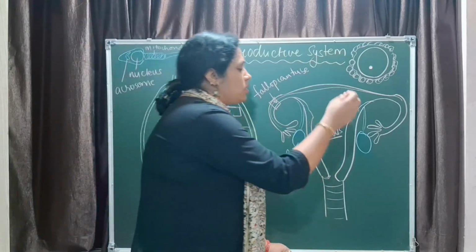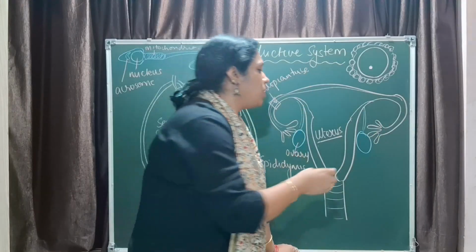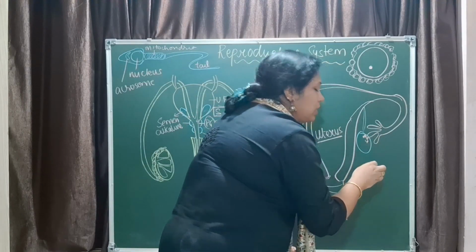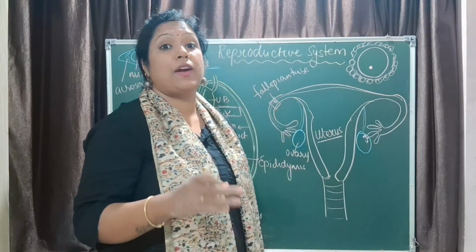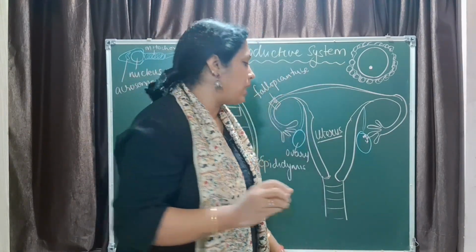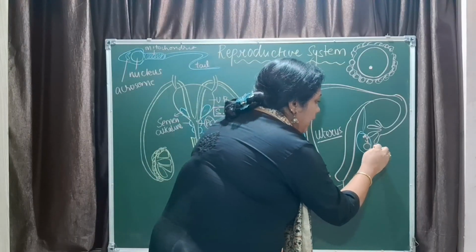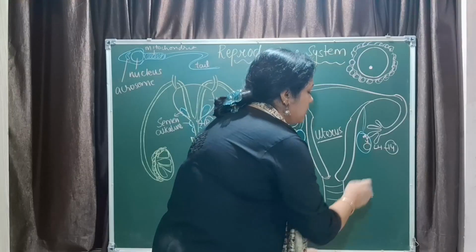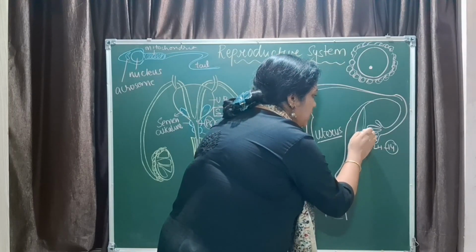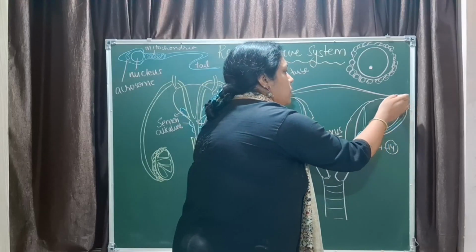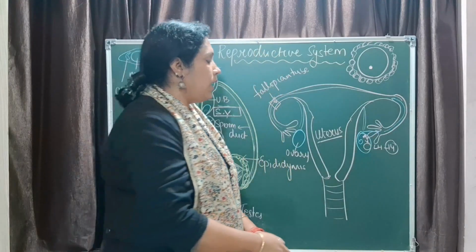So what happens is, because of the impact of the follicle stimulating hormone, the primary follicle is formed here, which develops into the secondary follicle, tertiary follicle, and finally the matured follicle, that is called the Graafian follicle. Once the Graafian follicle is formed, LH on the 14th day makes it release the ovum, which is collected by the fimbriae of the fallopian tube and moves into the fallopian tube.